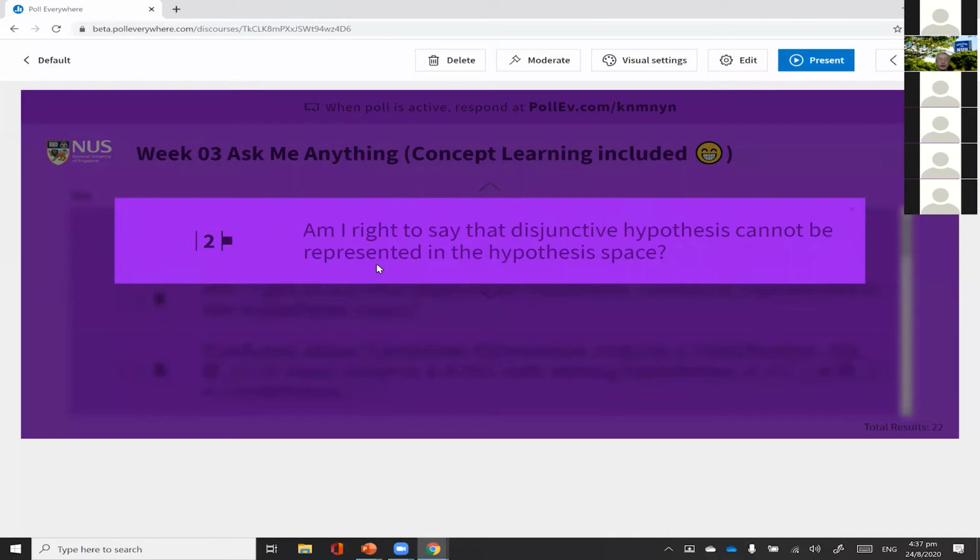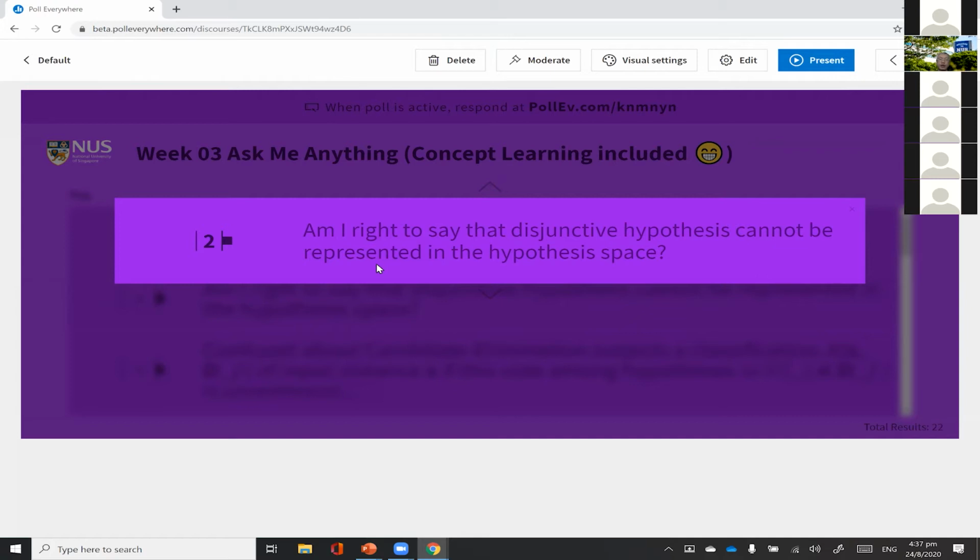If we are assuming that we are using a conjunctive learner, okay, that our a priori bias, our inductive bias, is that the target concept we're trying to learn is within the space of conjunctive concepts, then you are right, right?